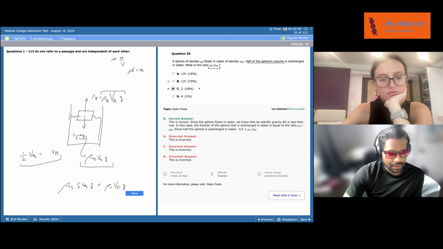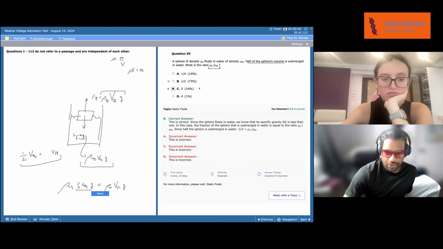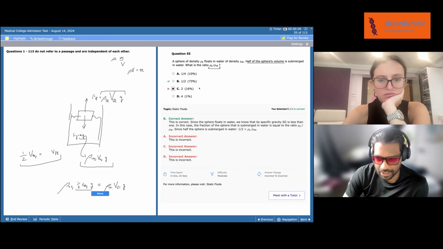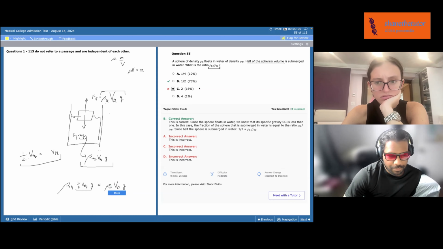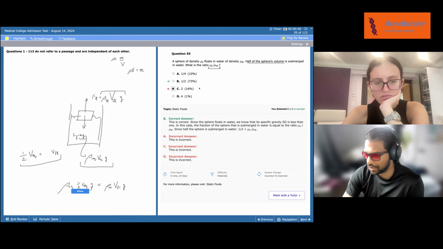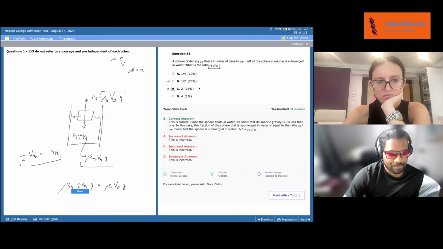And now we could just divide the rho of the water on both sides, and then divide this on both sides as well, because we're trying to solve for rho of the object over rho of the water, right?